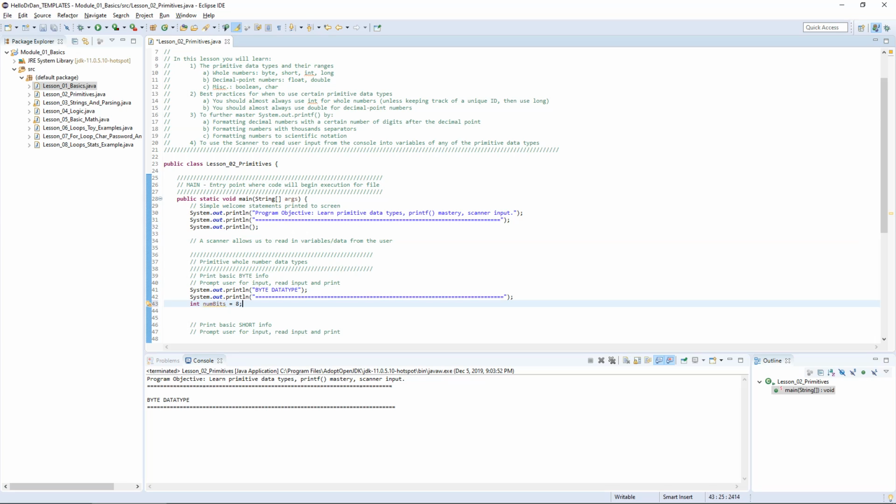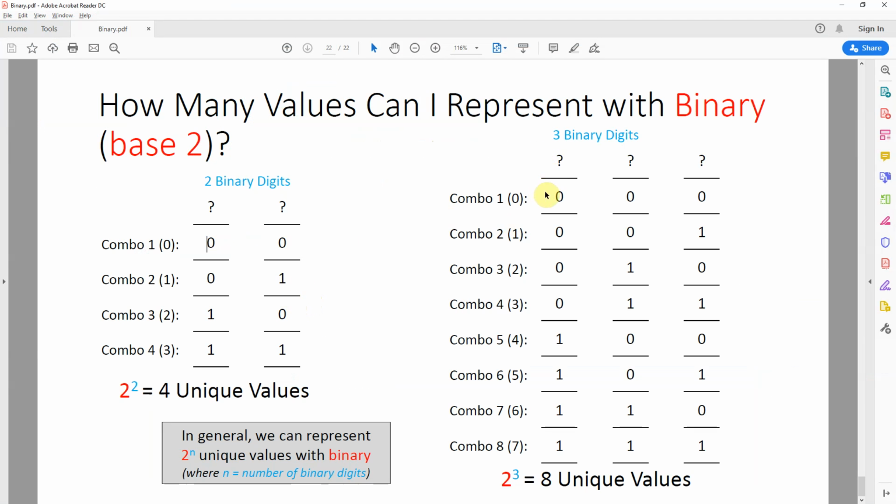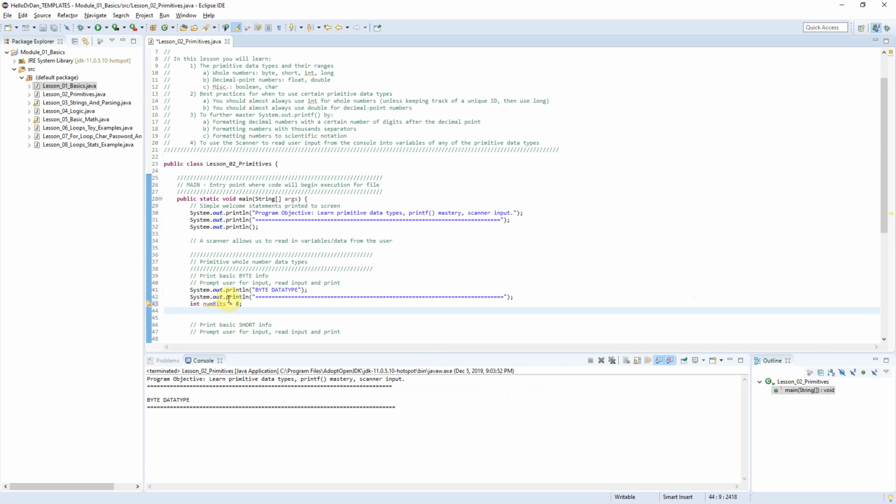Essentially, the byte data type uses 8 distinct binary values to represent numbers. Just like we talked about here, in this example we were using 3 binary values to represent 8 numbers. Likewise, the byte data type is going to use 8 distinct binary values.